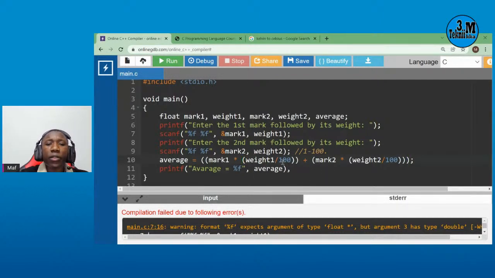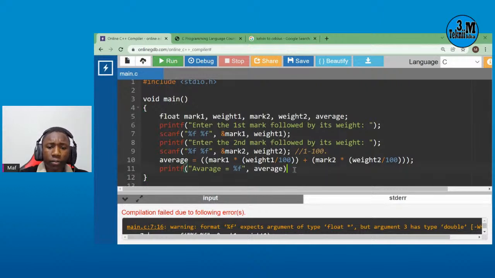But we don't even need these parentheses, because for division and multiplication we have the same priority. I'm just writing it like this for your better understanding.